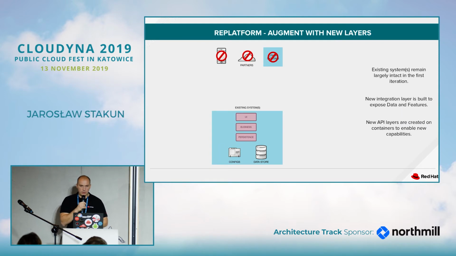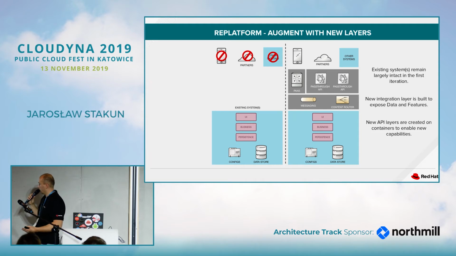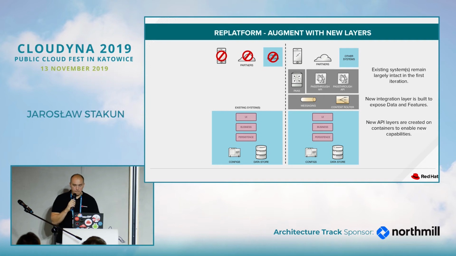The second approach is called replatform, and in this scenario, we decide that we don't want to change the existing application. So basically, let's say we freeze the current application, and we decide that all the new services will be containerized and will be built using the containerized technology.